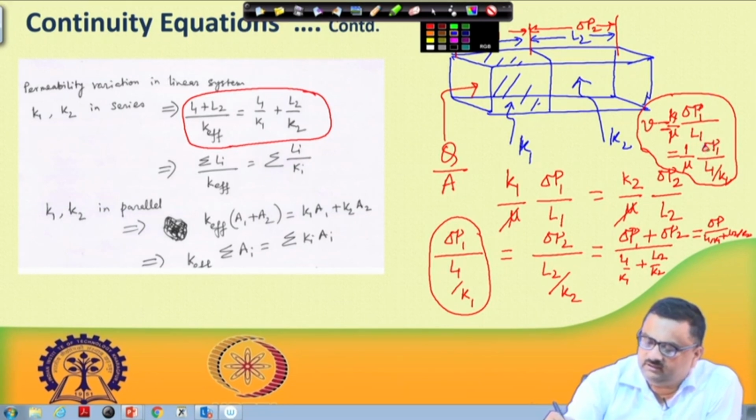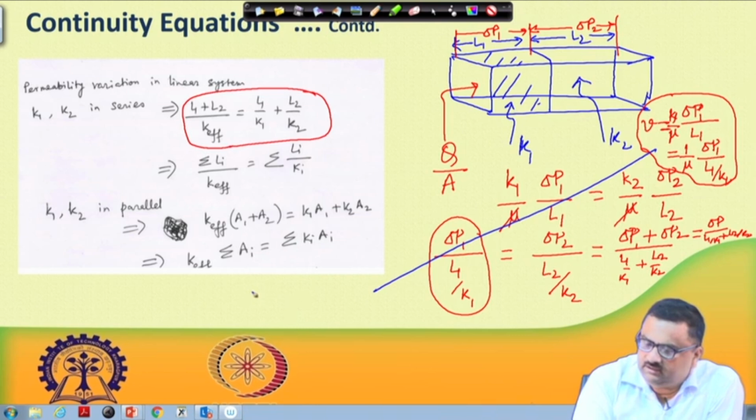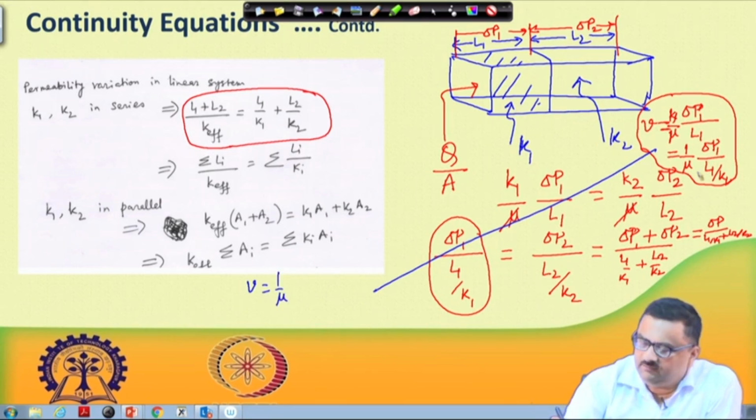So, what do we have here? If I take this further, we can write the velocity V is equal to 1 by mu, and this delta P1 by L1 by K1 is equal to this quantity.